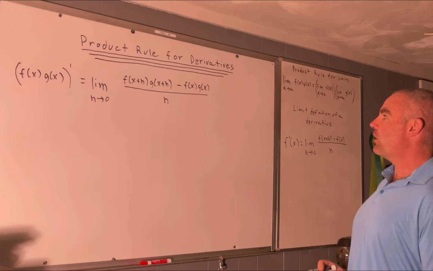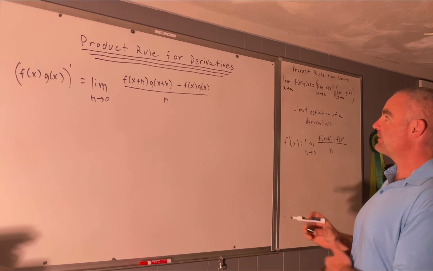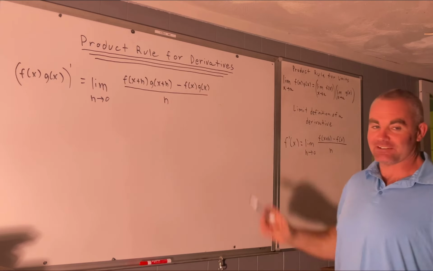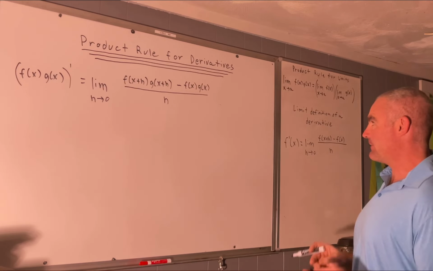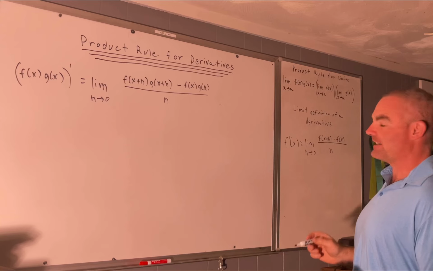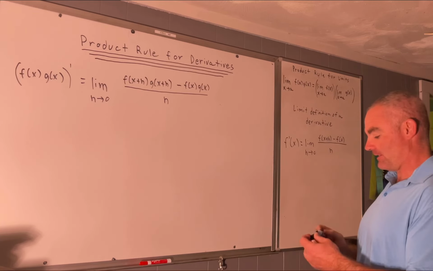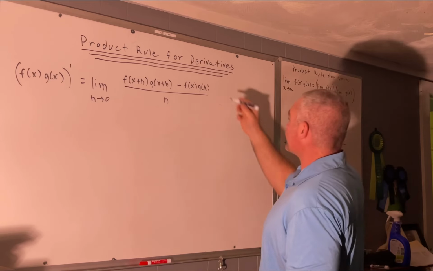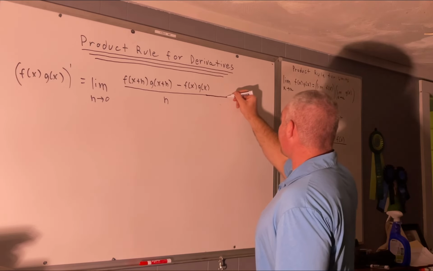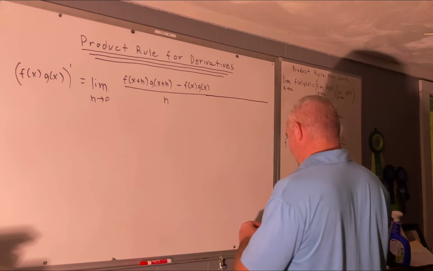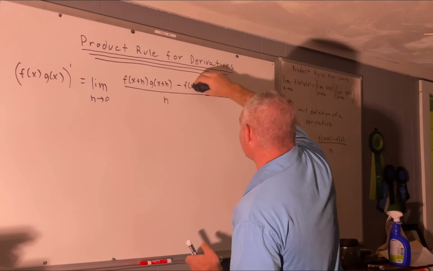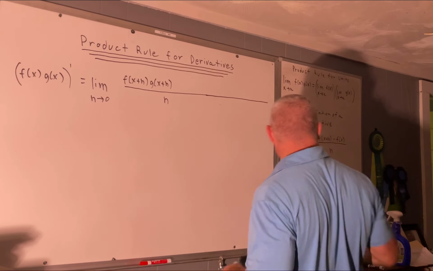Okay, now I hope you would agree that we could add something to this numerator and then subtract the exact same thing, and it would be equivalent. So that's what we're going to do. I'm going to extend this line out a little bit more, and then move our minus f of x times g of x over here.